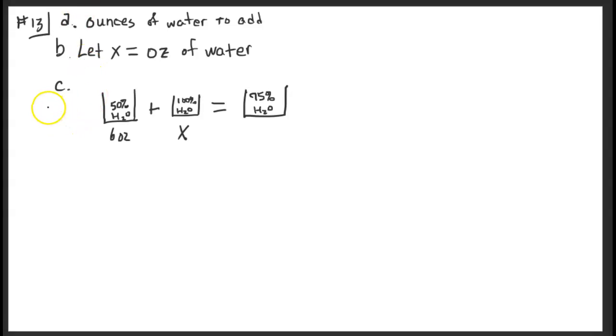Now, notice what we have here. We could say we have the quality of the solutions, right? The quality of that first solution is 50% water. The quality of that solution we're adding to it is 100% water. The quality of the final solution is 75% water. And then we have the quantity.